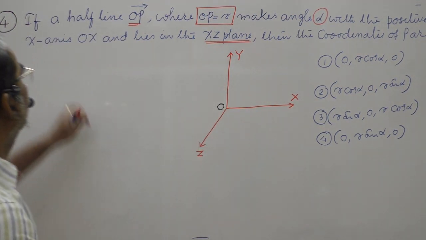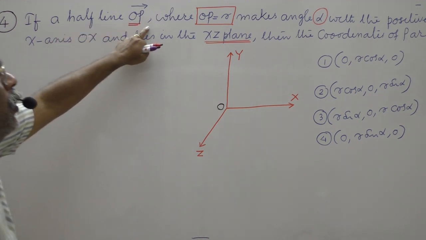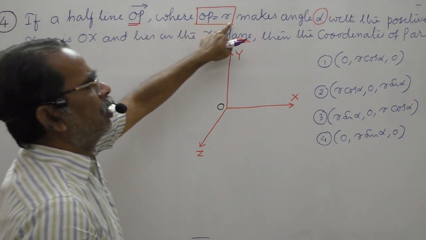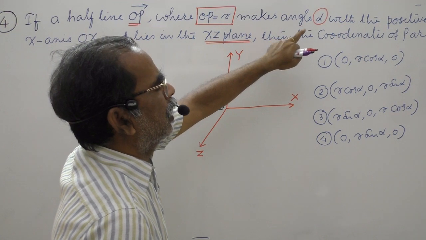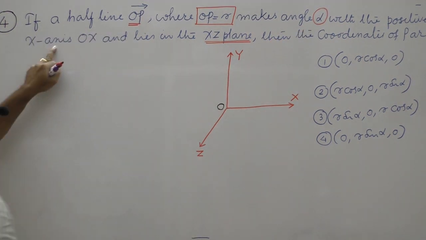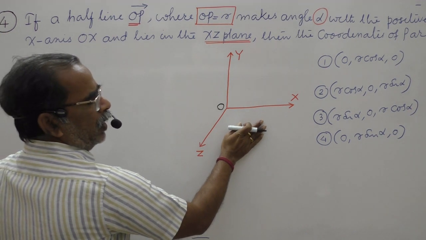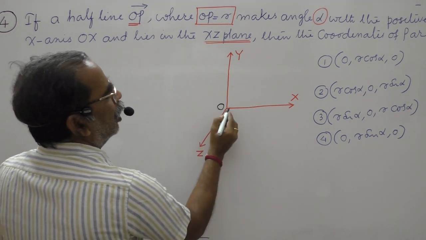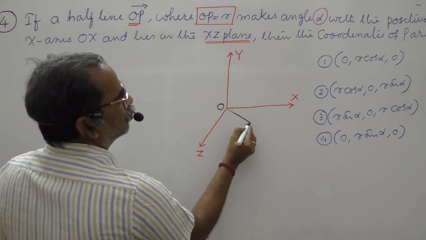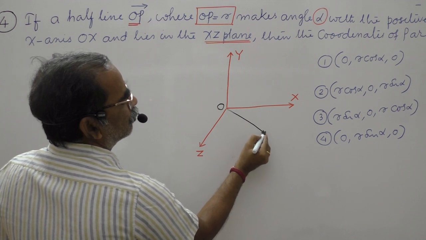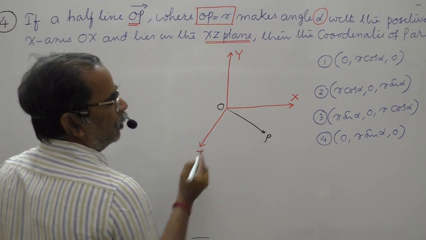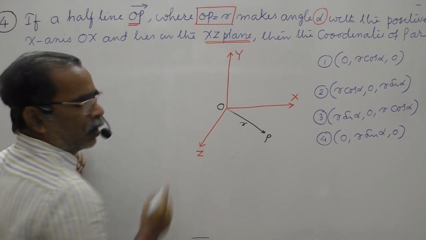Okay, now see. A half line OP bar, where OP equals R, makes an angle alpha with the positive x-axis and lies in the ZX plane, XZ plane. The half line lies here like this. This is the point P whose length is R.